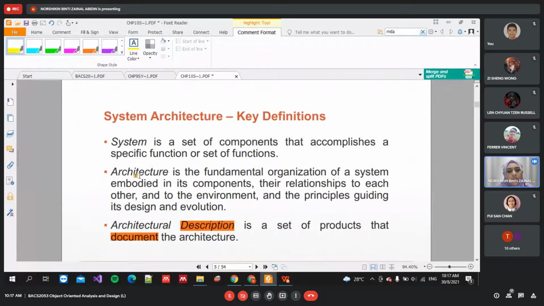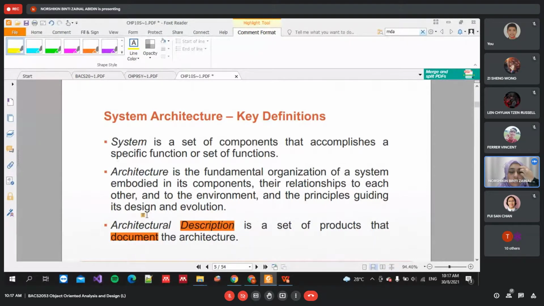Okay, so architecture is the fundamental organization of a system embodied in its components, their relationship to each other and to the environment, and the principles guiding its design and evaluation.